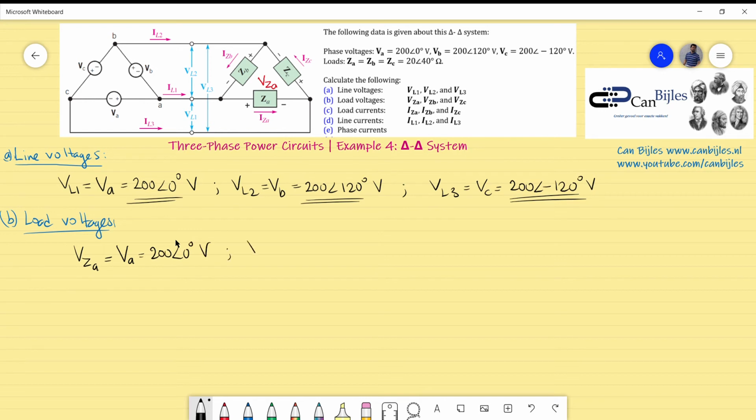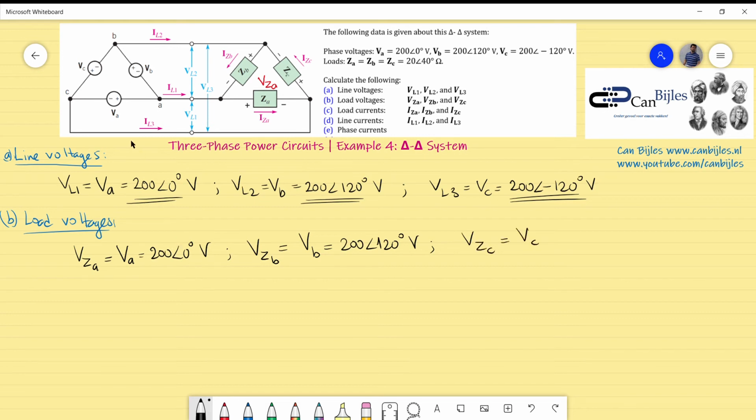It's exactly 200 with a phase of 0 degrees. If you look now at the voltage across ZB, that will of course be exactly the same as VB, which is 200 volts with a 120 degrees phase orientation. The last one, VZ of C, will be VC.